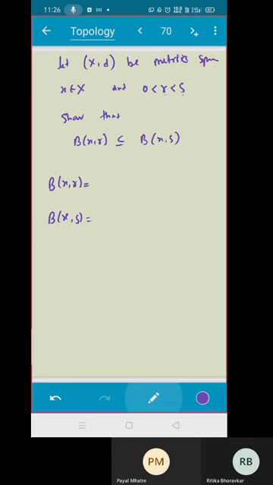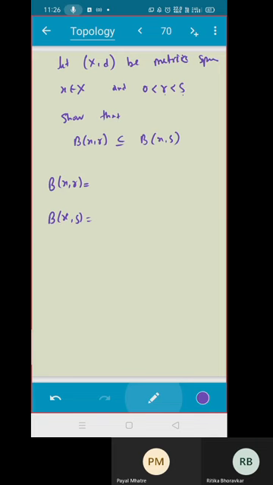This is an easy exercise. Yes, sir. If you take y belonging to B(x,r), then d(x,y) is less than r, but we know that r is less than s, therefore d(x,y) is less than s. Good. Therefore y also belongs to B(x,s).